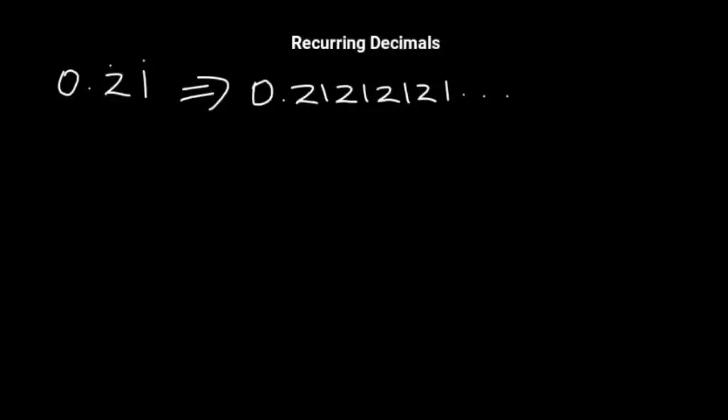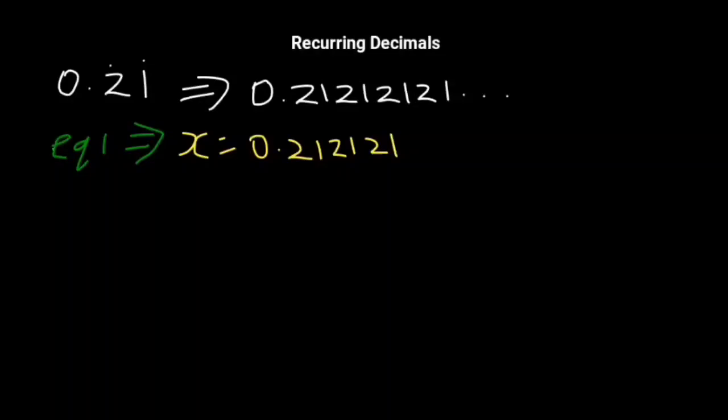We're going to label this equation 1. Let's write that in green. So equation 1 is x is equal to 0.212121.